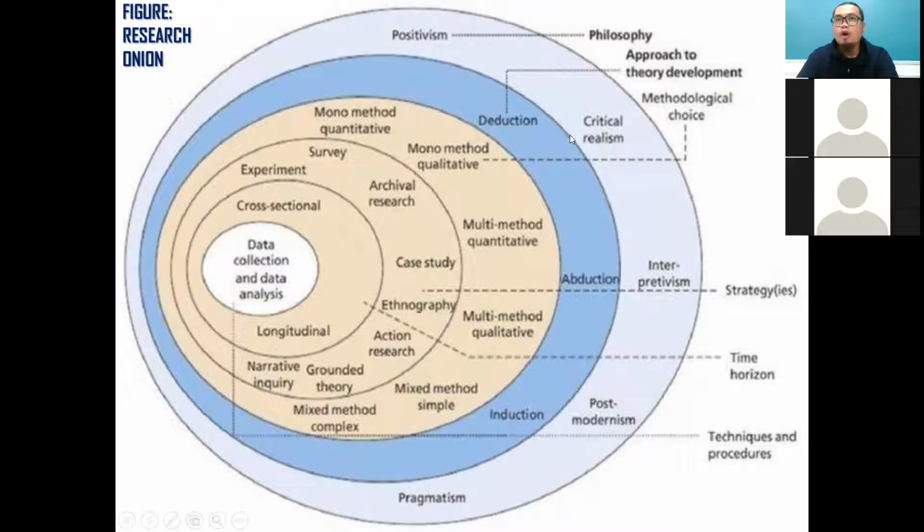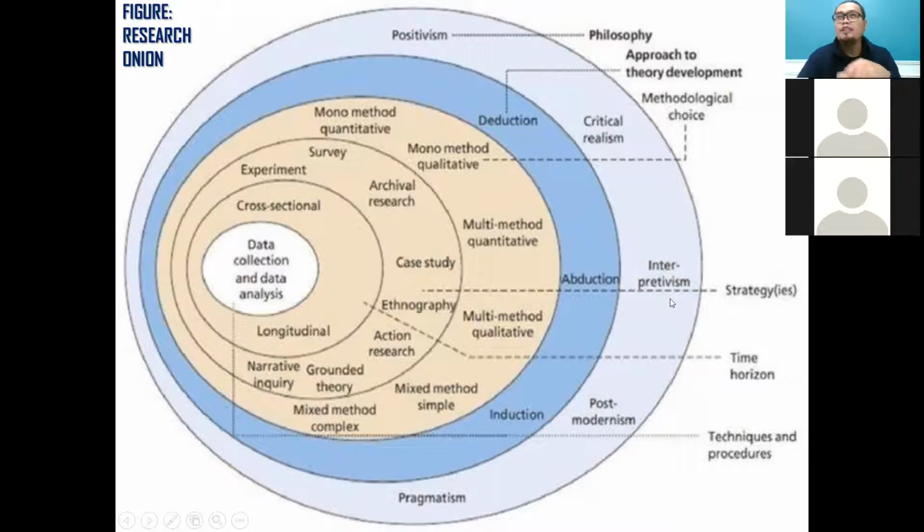If you use only quantitative research, your philosophy is positivism. If you use qualitative research, maybe you use interpretivism, which is mostly the most suitable and recommended for qualitative research.